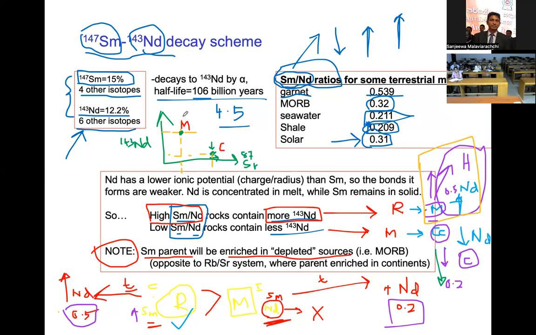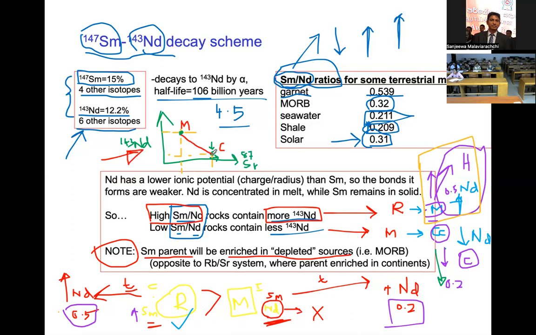That is because the mantle is the residue and the continental crust is the melt. So this is the opposite behavior you can expect for these two isotopic systems. If you want to show that in a combined neodymium-strontium isotopic diagram, this is what we showed here. So always remember this difference.